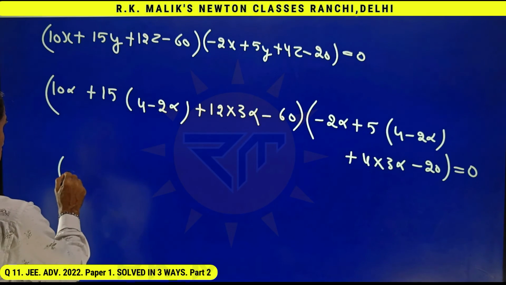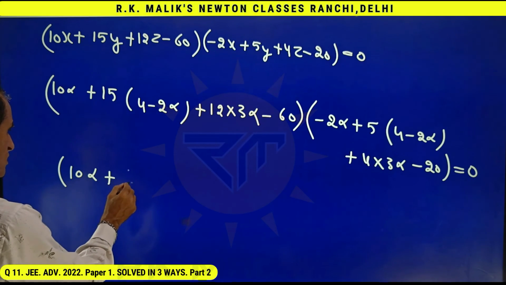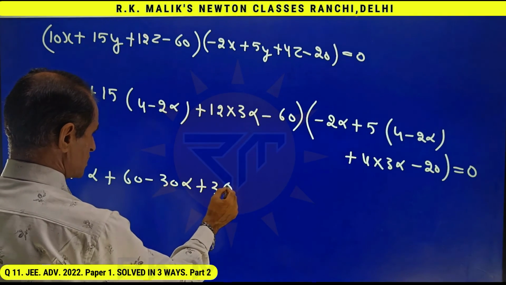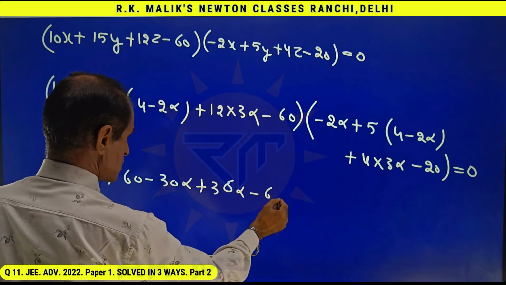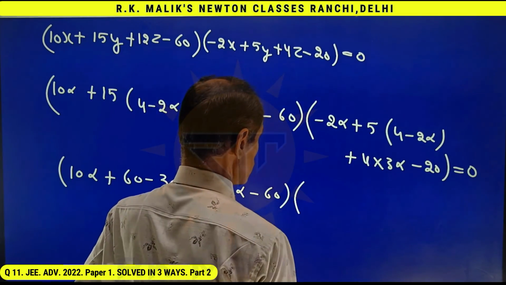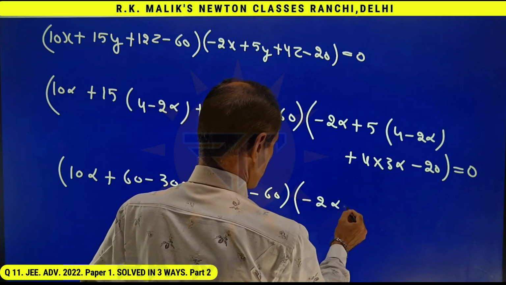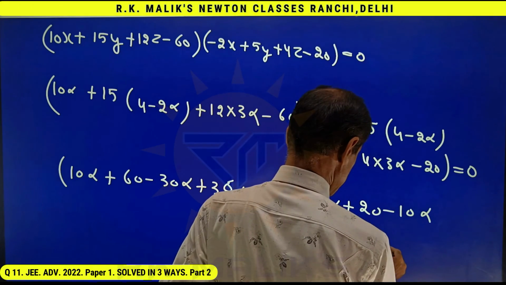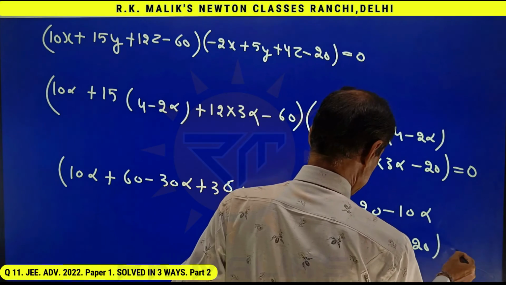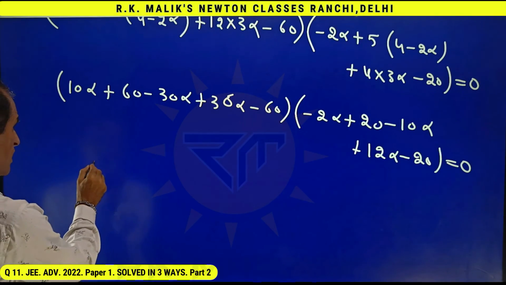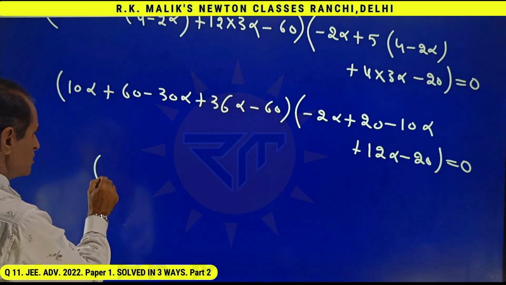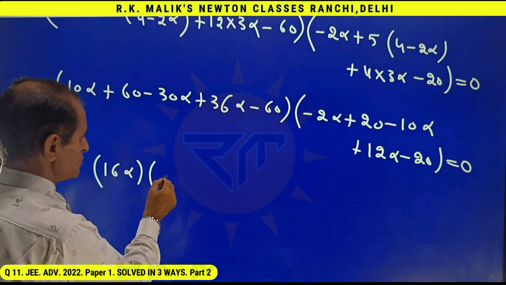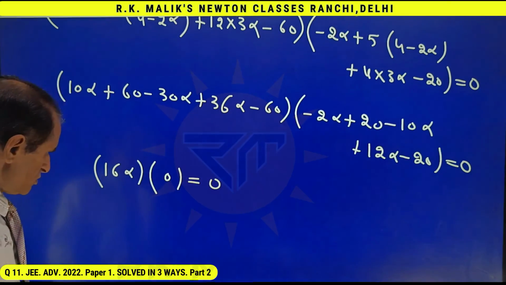That is, I get 10 alpha plus 60 minus 30 alpha plus 36 alpha minus 60 into minus 2 alpha plus 20 minus 10 alpha plus 12 alpha minus 20 equal to 0. That is, I get 16 alpha into 0 equal to 0.